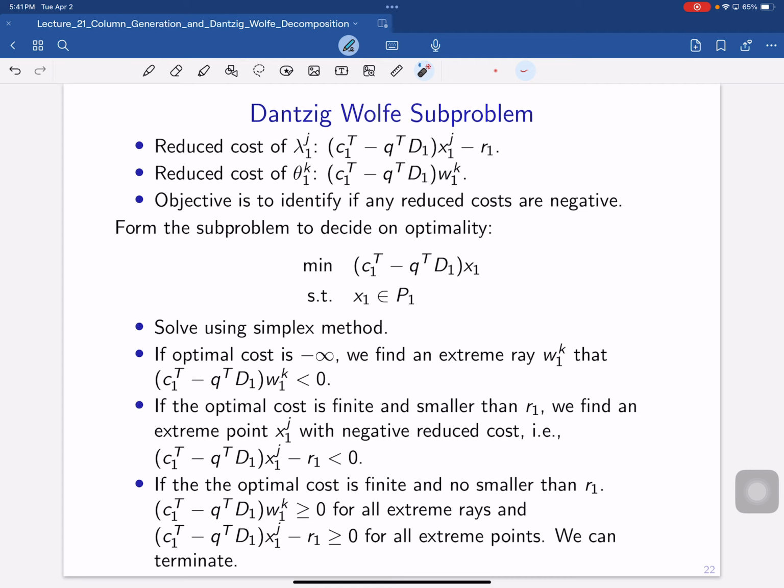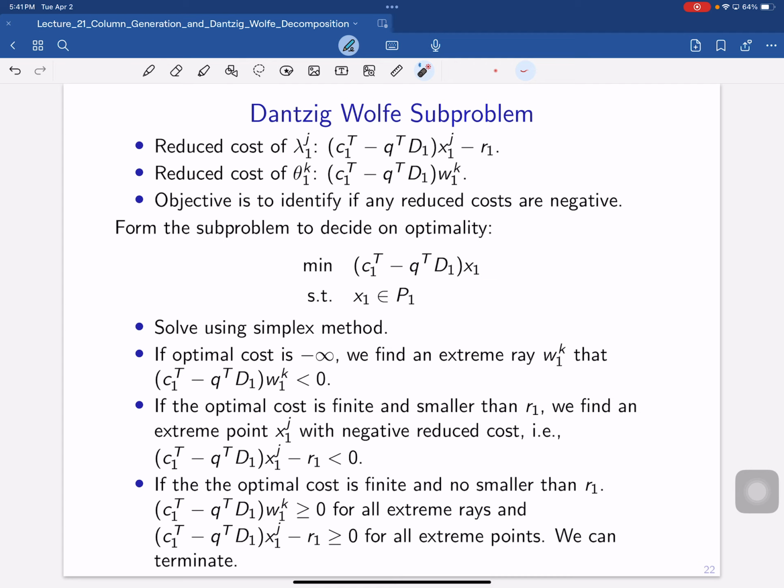But this will give you the column with a minimum reduced cost, right? So you can double check that this problem is trying to give you the minimum reduced cost here. What we are going to do next is solve this linear programming problem. If the optimal cost is minus infinity, that means you can find a column whose reduced cost is unbounded.